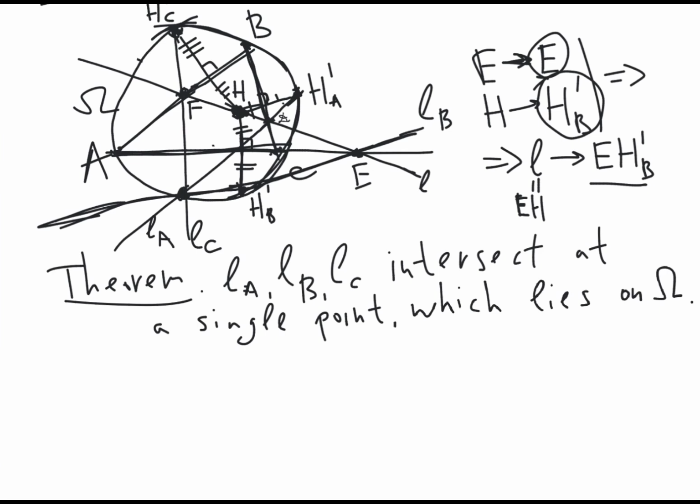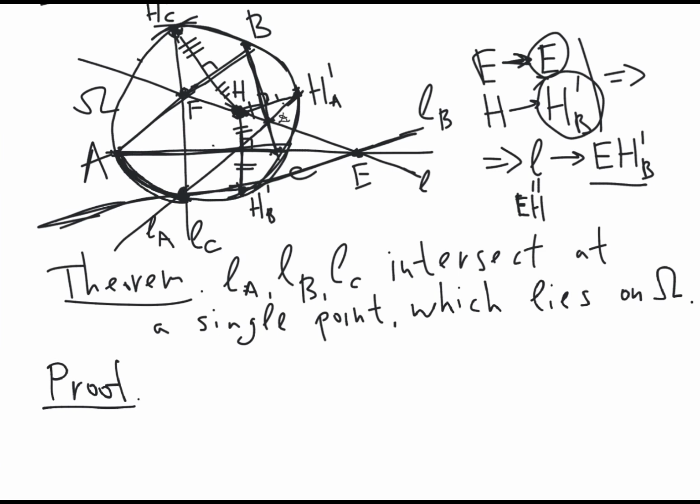Yeah, so let's prove this. So the proof will be that instead of considering the intersection of these lines, we consider the intersection of each of these lines with the circumcircle, and we'll prove that this is the same point. In particular, we will calculate this arc between A and the point of intersection.